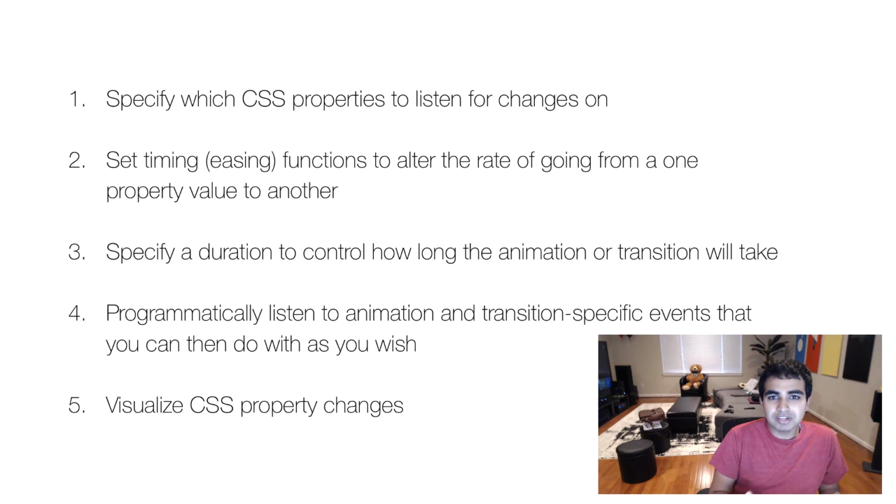You can specify a duration, how long your animation will run. We haven't gotten to this part yet, but you also have events in both animations and transitions that allow you to use some JavaScript to control and listen for various things your animation and transitions might be doing. And of course, the last one, our favorite: you can use both of them to modify properties and see what they actually look like as you are going through them.